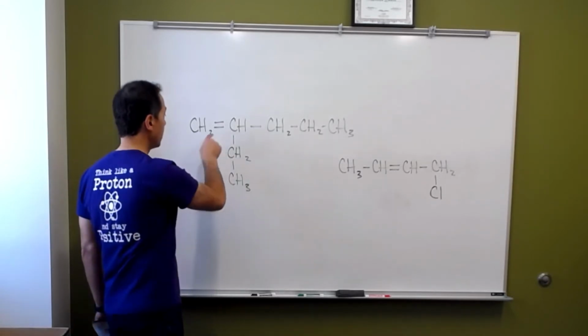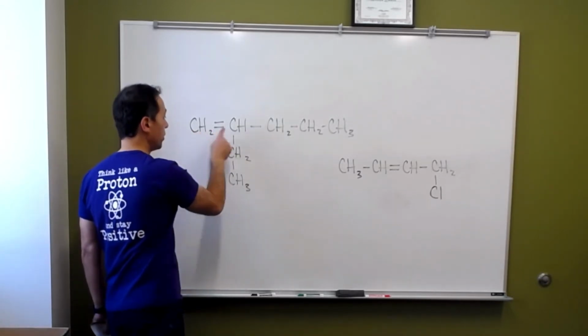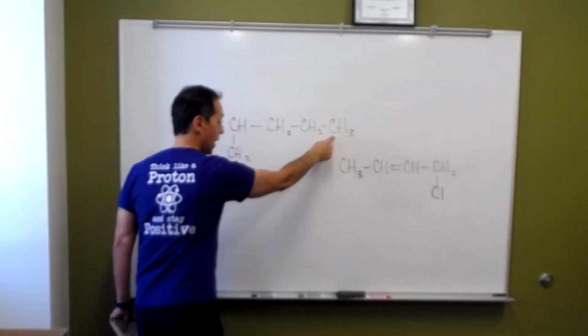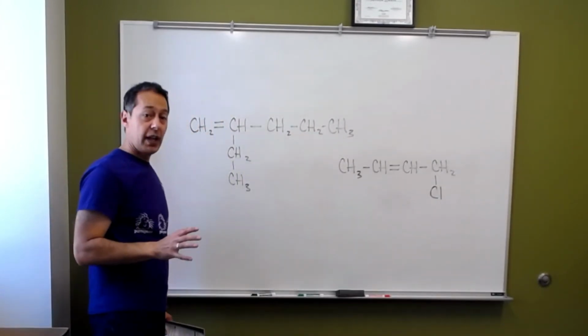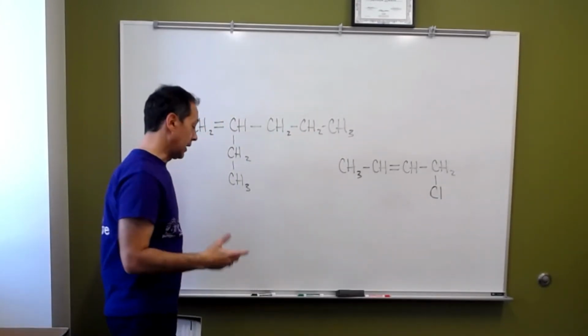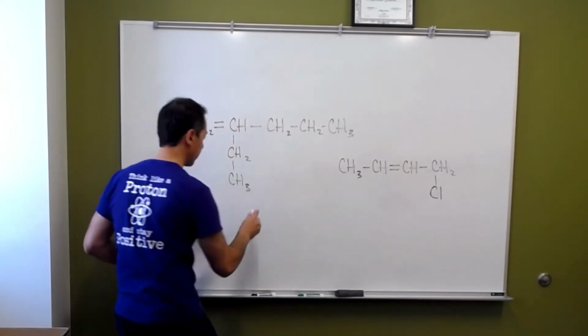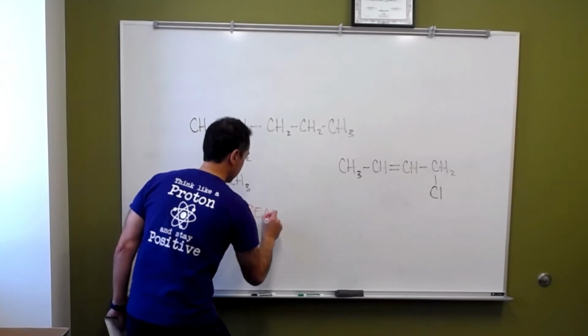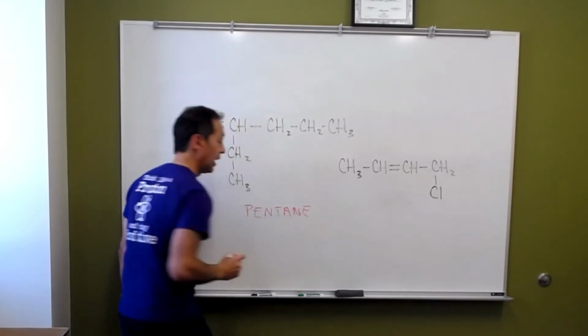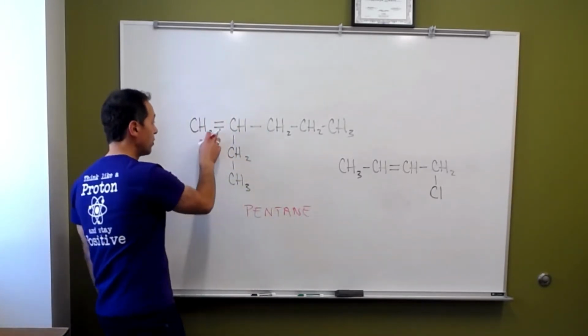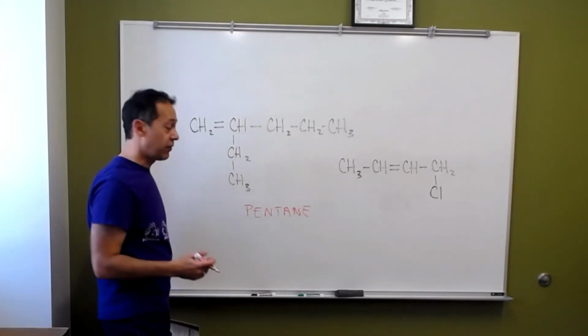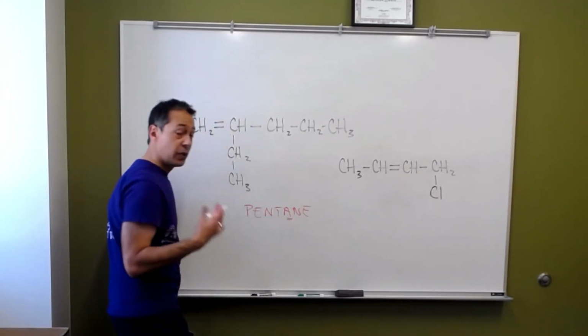So in this case, we're going to have to go this way. 1, 2, 3, 4, 5. 5 carbons, and so that becomes pentane. And because it is a double bond, we're going to change the ending from A-N-E to E-N-E.